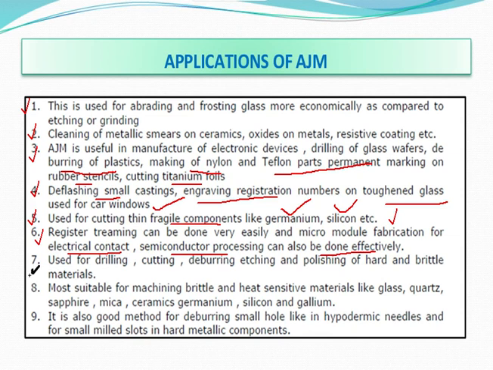Next, we are using it for drilling, cutting, deburring, etching and polishing purposes for both hard and brittle materials. It is most suitable for brittle and heat sensitive material like glass, quartz, sapphire, mica, ceramics, germanium, silicon and gallium. You are using the abrasive jet machining process for machining brittle materials.